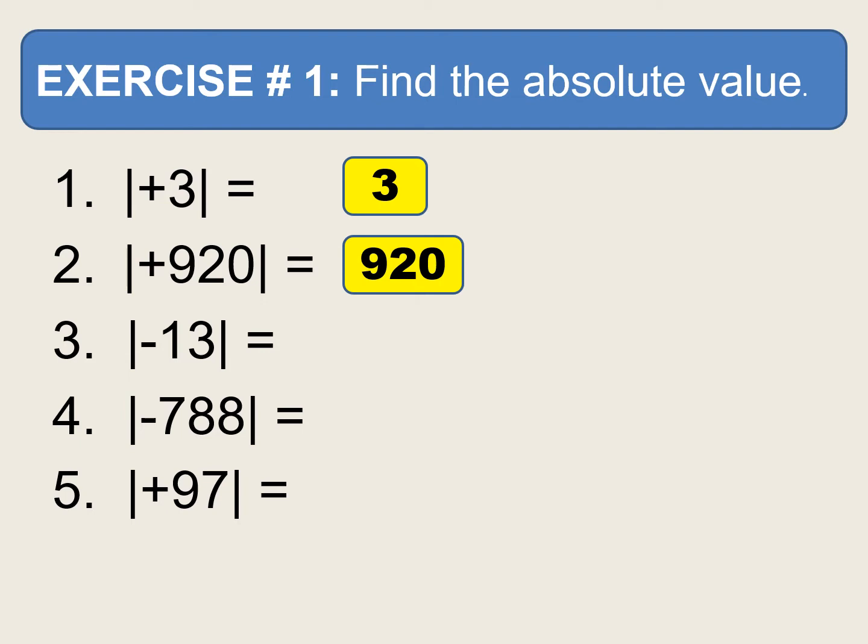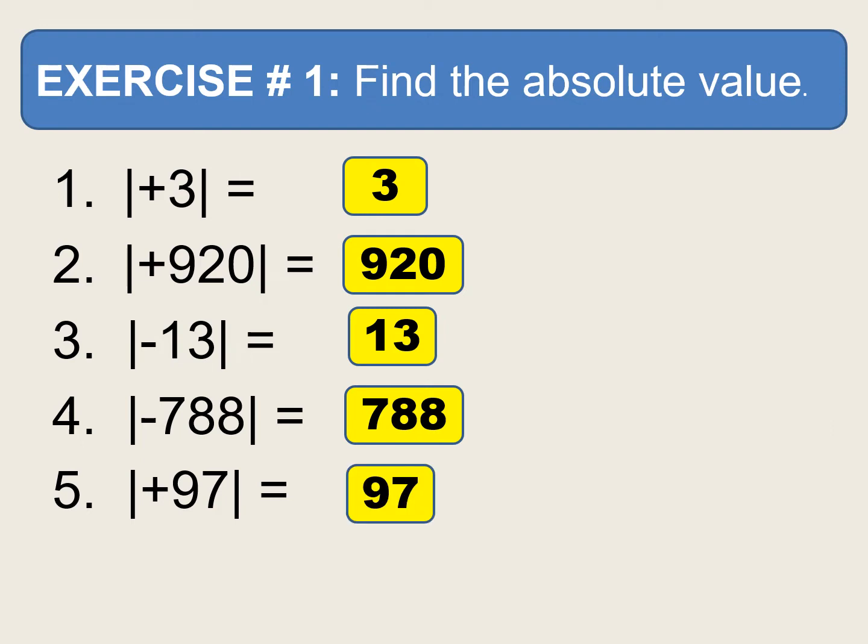The answer is 13. Number 4. What is the absolute value of negative 788? The answer is 788. And lastly, number 5. What is the absolute value of 97? The answer is 97. Did you get it? How many did you get? I hope you got it all.